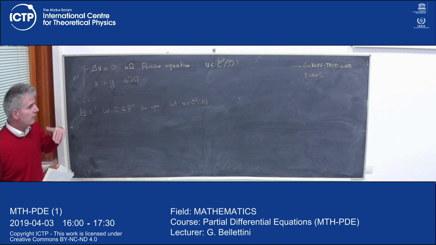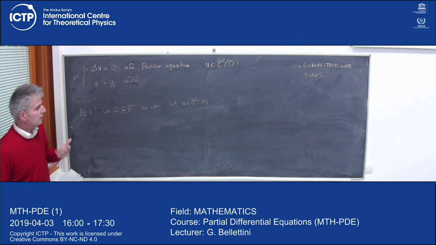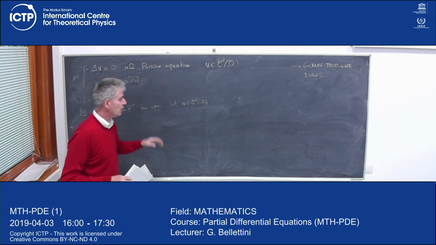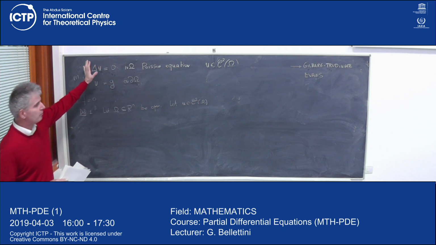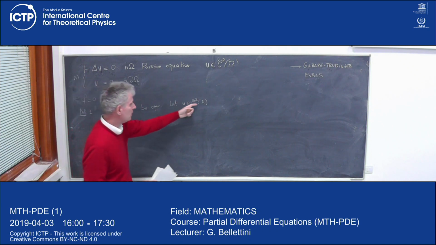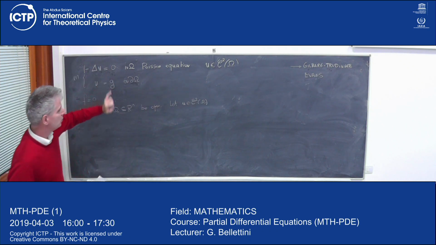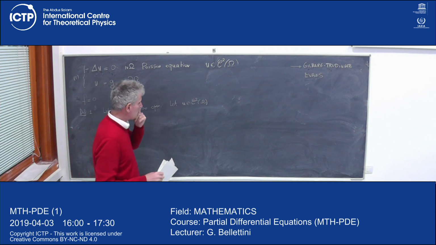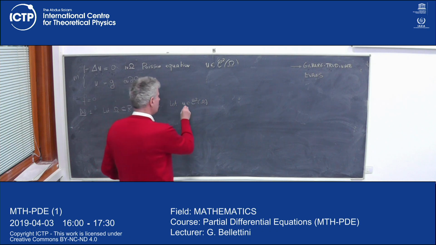Because for proving existence, the point will be exactly to give some sort of clever formulation of this problem and find that a posteriori U is really C2, so that at each point you have this equality. But for the moment we are at the beginning, so suppose that U is C2, so this is a very strong assumption.